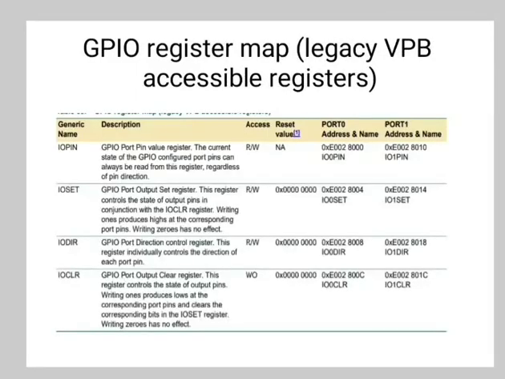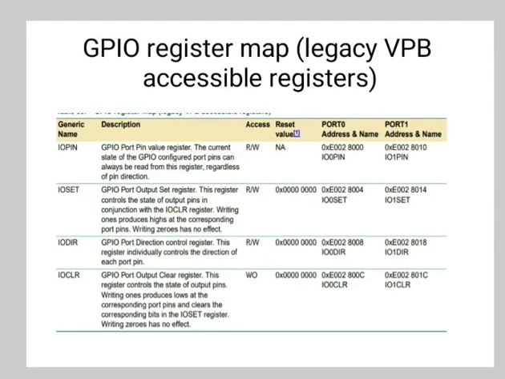The GPIO register map, the legacy VPB accessible registers. First is the generic name, next is description, access, reset value, port 0 address and name, and port 1 address and name.